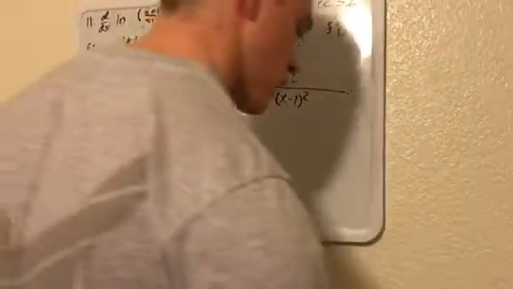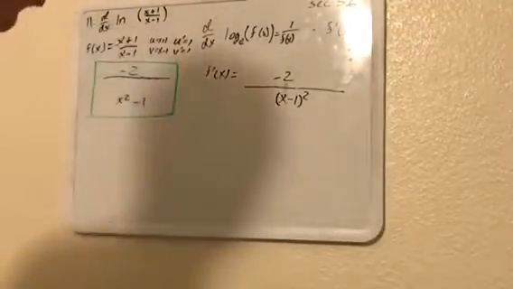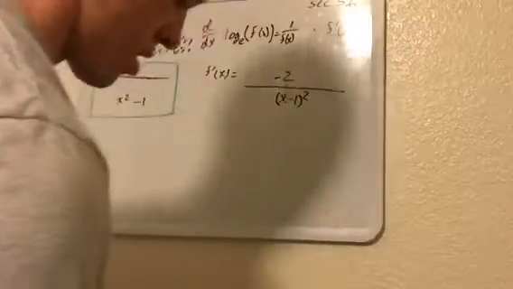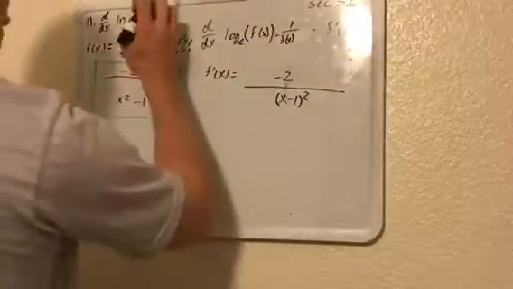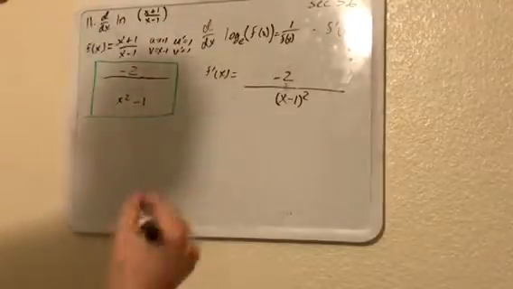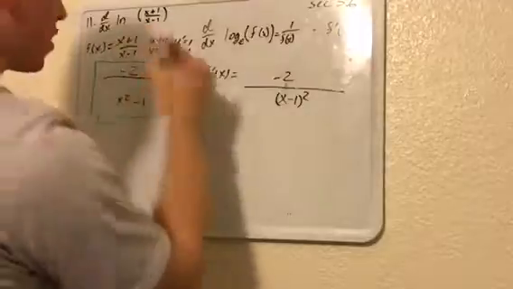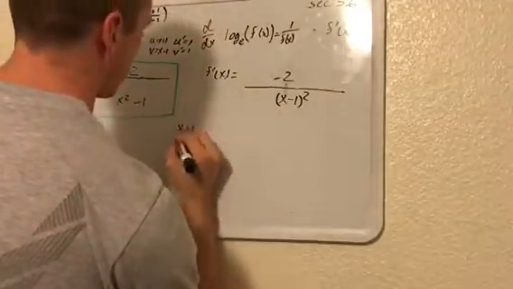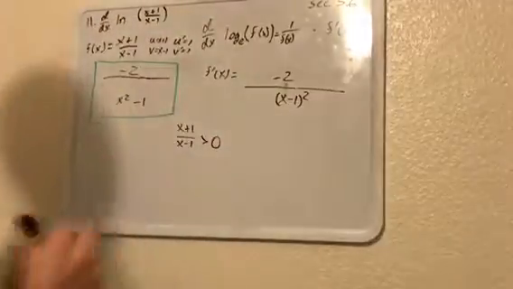But you have to remember the last step when dealing with logarithms, and that's finding where your function is defined. This one is going to be a little bit more tricky than usual, because we have to define everywhere, since it's inside of a logarithm and logarithms have to be greater than 0, everywhere where x plus 1 over x minus 1 is greater than 0.